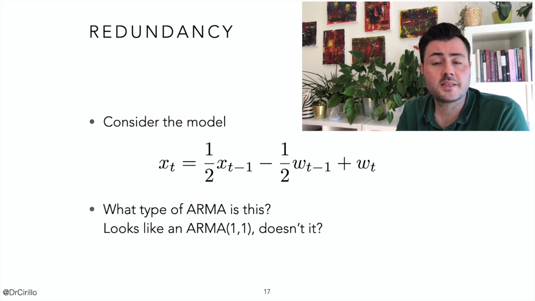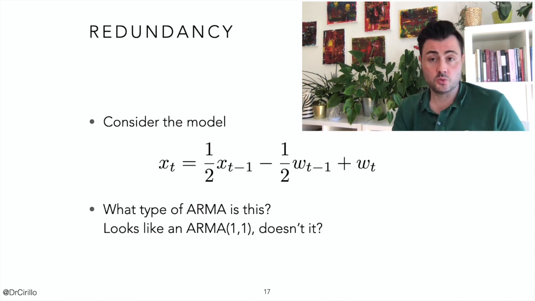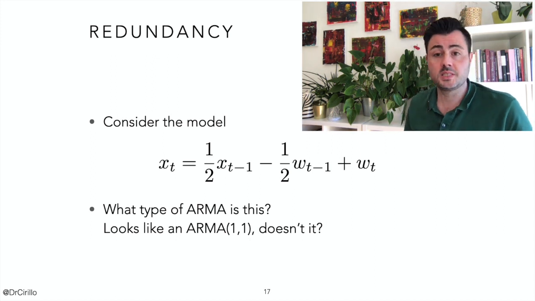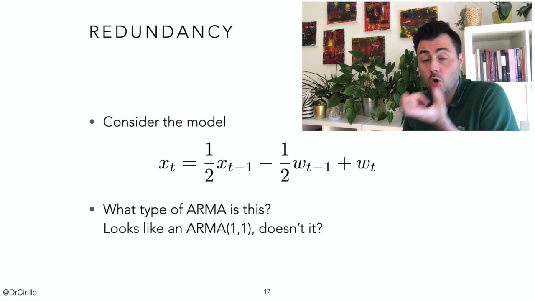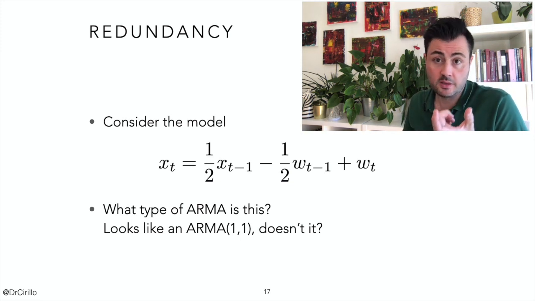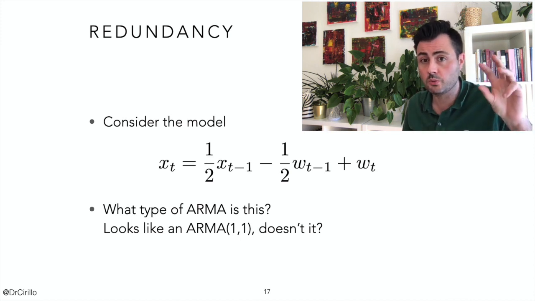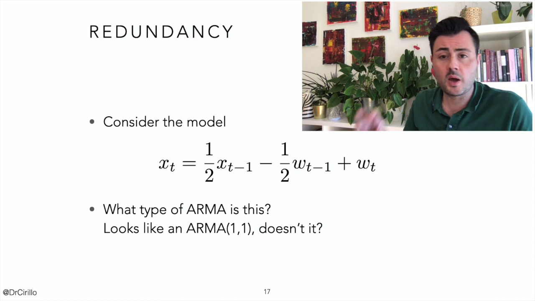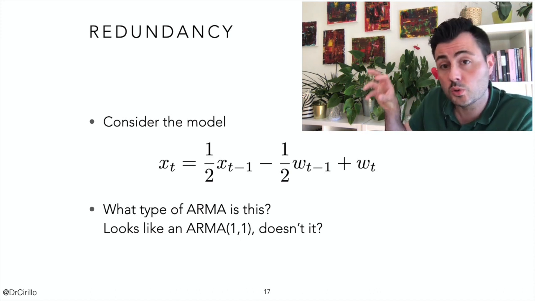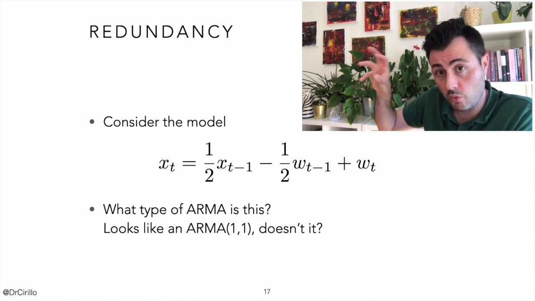Let's assume that xt is such that it can be represented as 1/2 xt minus 1 minus 1/2 wt minus 1 plus wt. Now, if we use the ARMA representation, we see that we have an autoregressive component in xt, so we have xt and xt minus 1, so this is an autoregressive component of order 1, and we have one lag also for what concerns the moving average part.